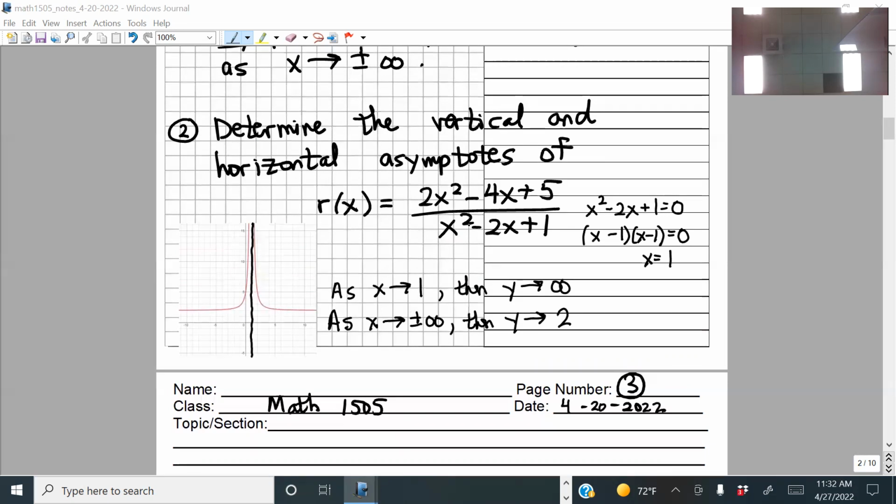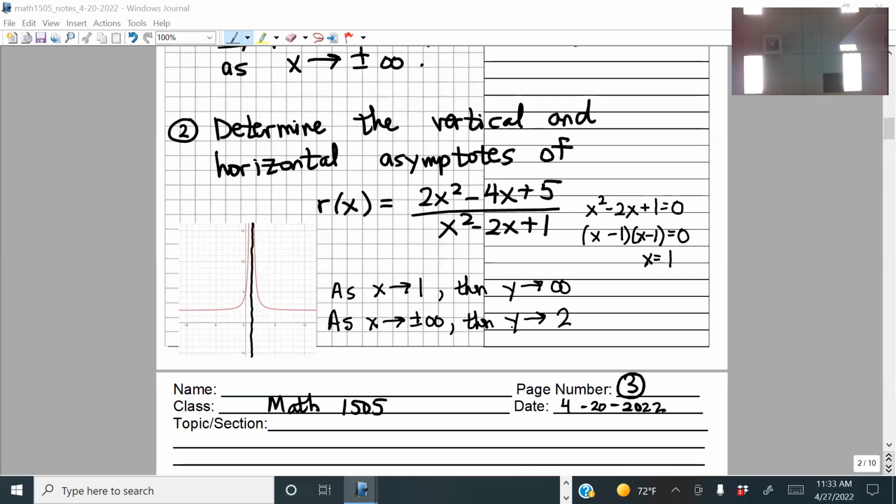So those are equal, which means you will have a horizontal asymptote if you take the leading coefficient of the top divided by the leading coefficient of the bottom. Well, that's 2 over 1, which is what? 2. Yes, so we were right. We did have a horizontal asymptote at y equals 2. As x approaches positive or negative infinity, y is approaching 2.